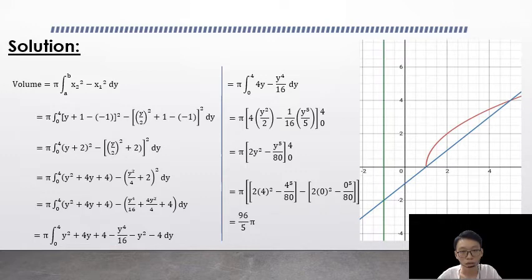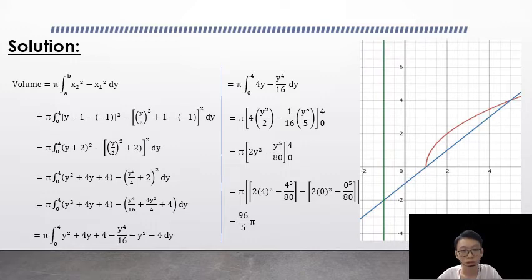From here we start our integration. To integrate 4y, we bring out the constant 4, and the integral of y is y squared over 2. To integrate y to the power of 4 over 16, we take out the constant first, and the integral of y to the power of 4 is y to the power of 5 over 5.